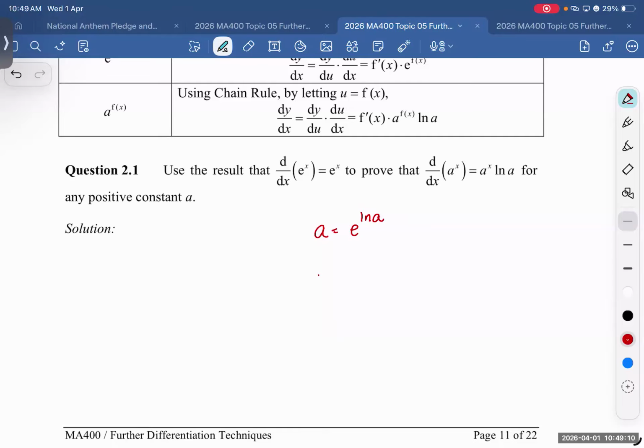Then what is a power x? It's the same as e to the power of log a, power x, which is the same as e to the power of x log a. Then try differentiating this. What do you get when you differentiate this?